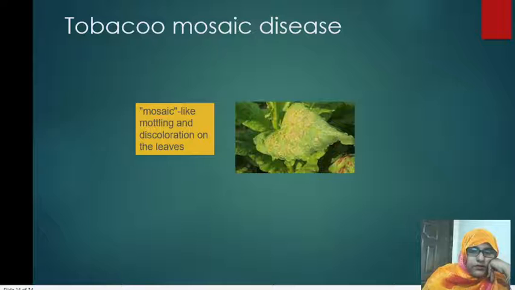You can see here, mosaic means mottling, a discoloration of leaves in the tobacco plant. All the leaves of the tobacco plant have a mosaic pattern, a discoloration. This is the tobacco mosaic disease due to the tobacco mosaic virus.